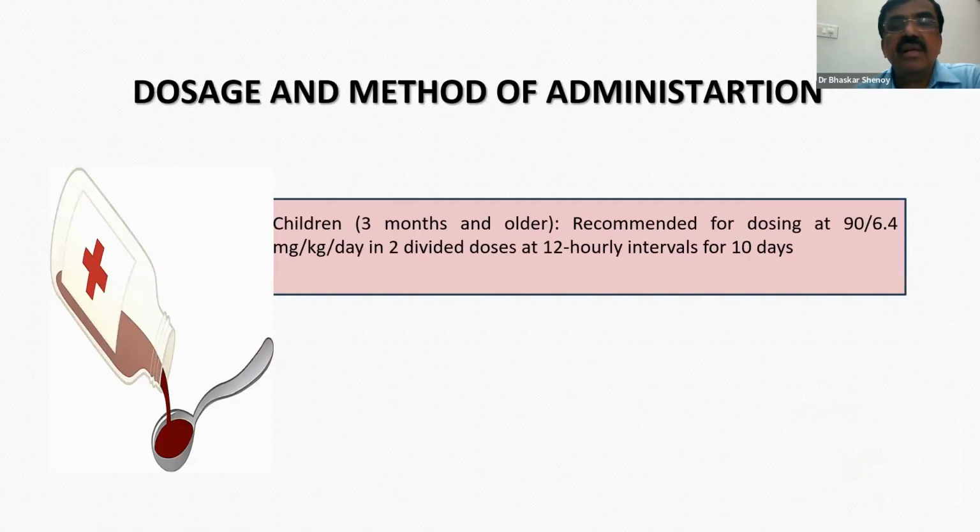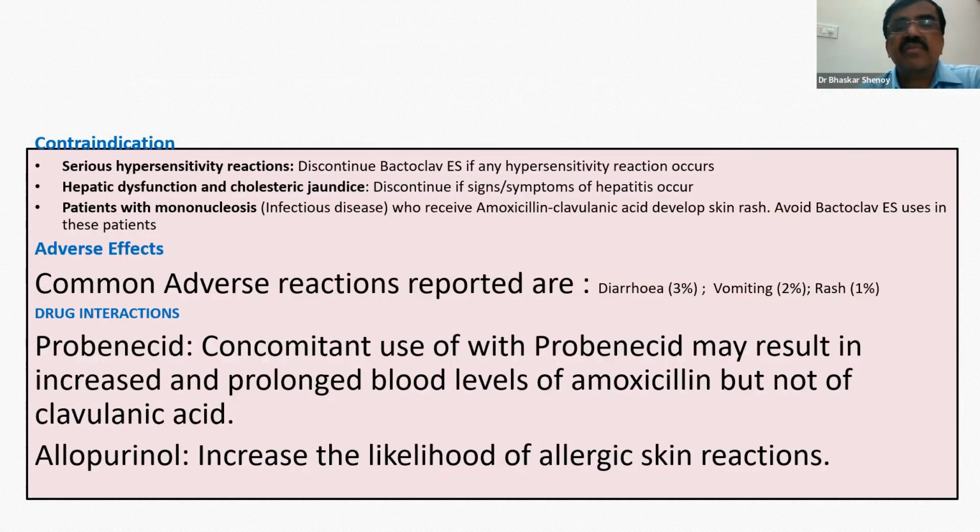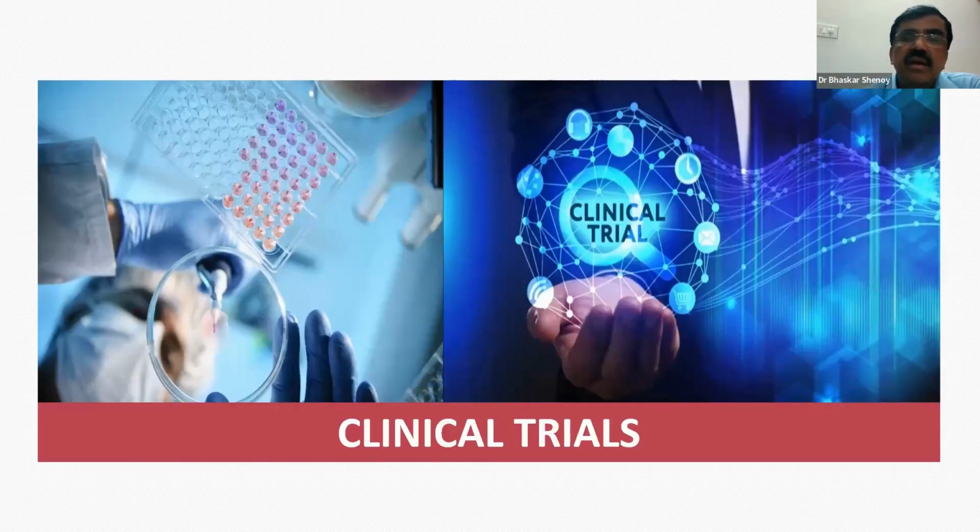These can be given at 90 milligrams per kg per day, and adverse effects are very few. By increasing the amoxicillin, it is found that adverse reactions like diarrhea have not increased proportionately. Let us see some clinical trials on this.